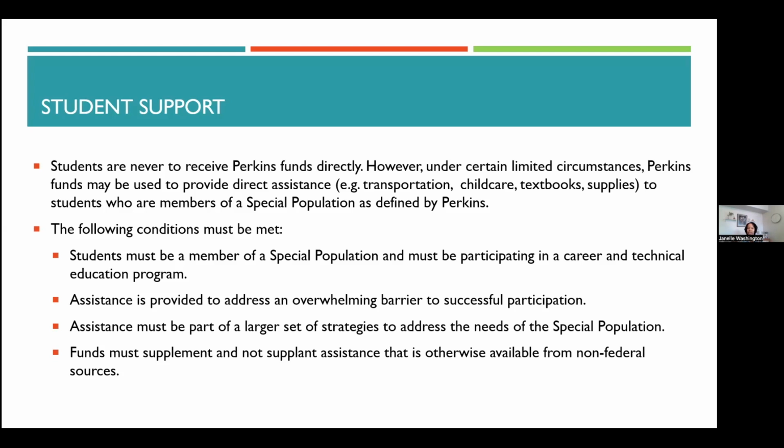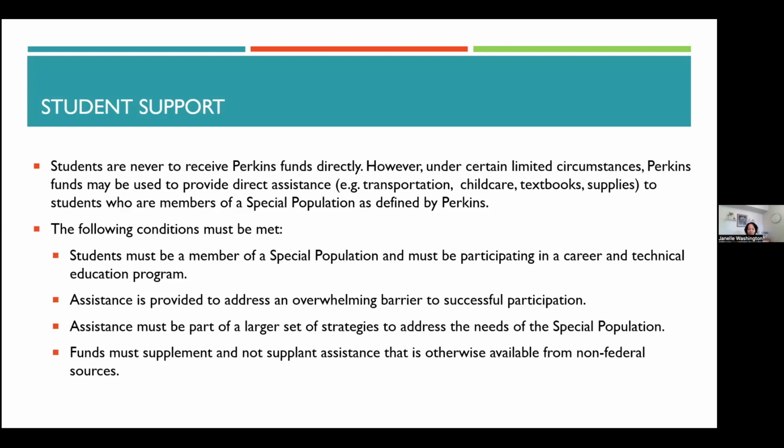But again, the key with that is that those have to be borrowed and returned so other students can have access to them. However, like with the transportation, that could be in the form of a gas card or like bus tokens, things like that. So very, very limited in the support that Perkins has allowed throughout the year to support students.